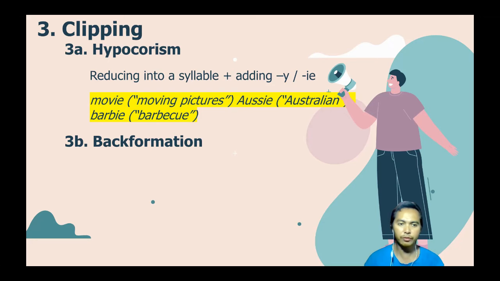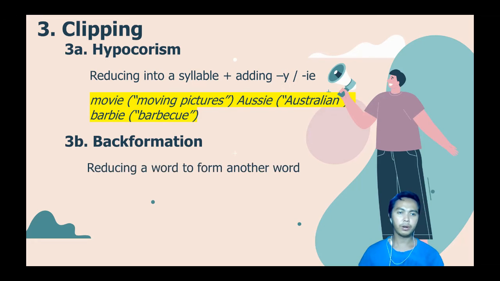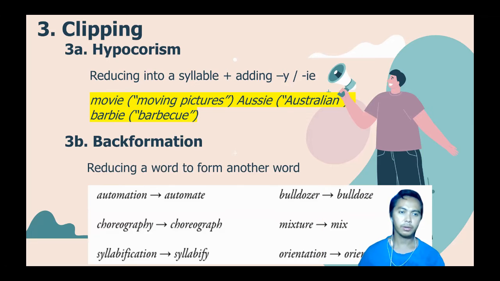Or like movie, we have moving pictures and then we drop the second part of moving as well as pictures and we add ie. Back formation is reducing a word to form another word. So here you have automation, for example, and you reduce the form into automate. Choreography, you reduce it into choreograph.